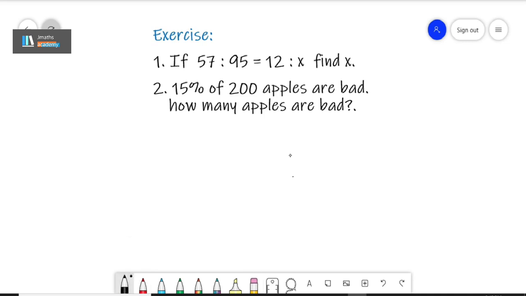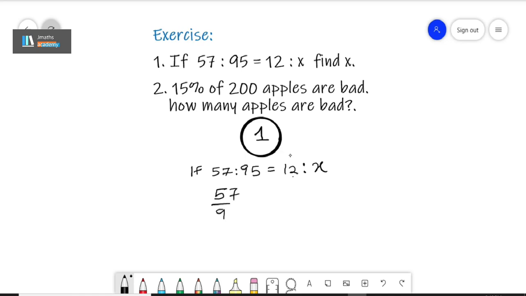For question 1, we have: if 57 ratio 95 is equal to 12 ratio x, we have to find x. Okay, so now let's solve question 1. If 57 ratio 95 is equal to 12 ratio x, this can be written as 57 over 95 in fraction form is equal to 12 over x.